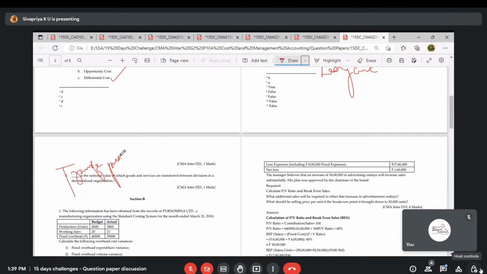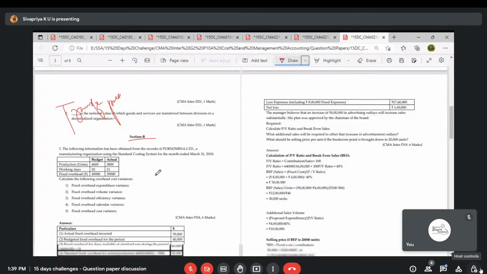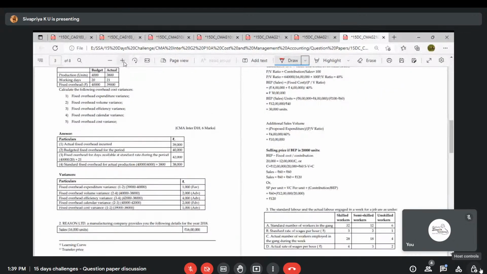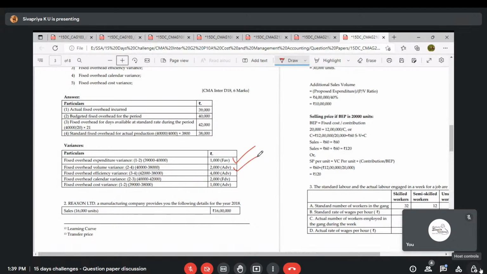Okay. Section B, variance. Okay. 1,000 favorable for expenditure variance, volume variance 2,000 adverse, efficiency 4,000 adverse, calendar 2,000 favorable, and cost variance is 1,000 adverse.